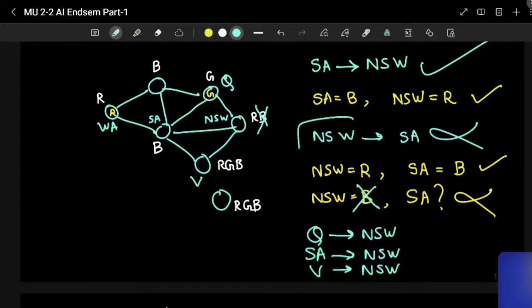We look at all possible values in the domain of NSW, in this case R and B, assign each to NSW, and check if there exists any valid assignment for SA. When NSW was R, SA equal to B is a valid assignment. But when NSW is B, SA was unable to take any value.